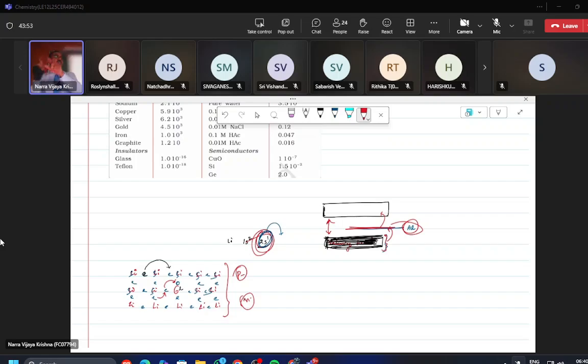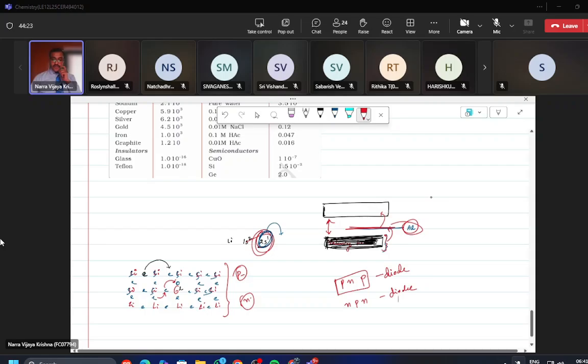If I dope with higher valency elements, we create N-type semiconductors. If we sandwich one P-type, one N-type, another P-type, then this complete set is called a diode. What type of diode is it called? PNP diode. Similarly, NPN diode.